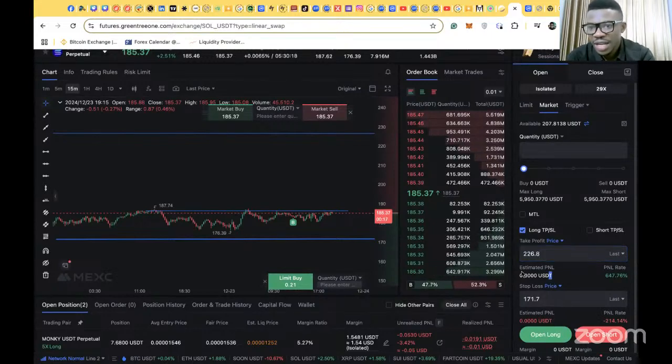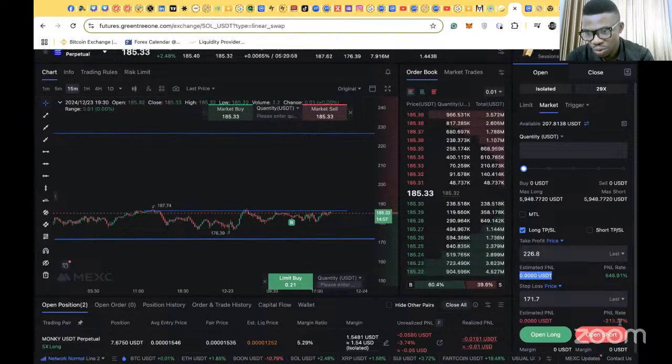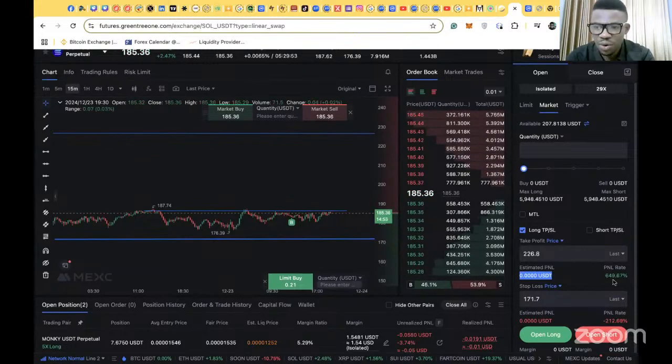The estimated P&L, that's the profit I will gain if the price goes to take profit, is a 646% trade setup, while the stop loss is a minus 213% stop loss. So that is 1:3, because this stop loss exists three times inside this take profit.